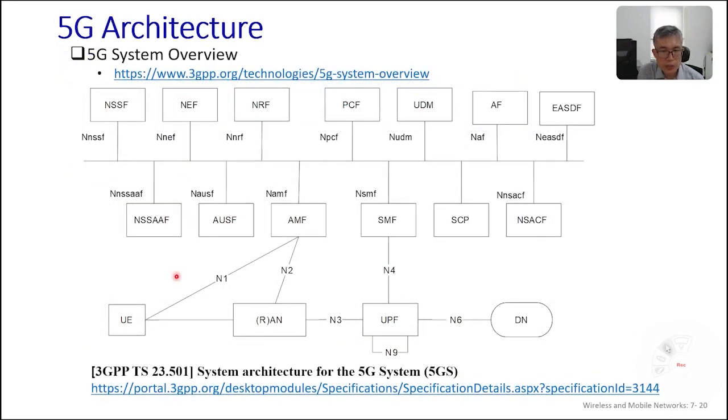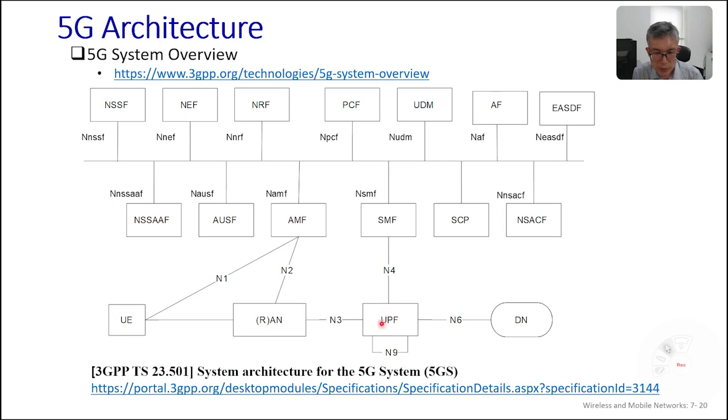So in the 5G architecture, this is the user equipment. This is the radio access network. The base station is called gNodeB. gNodeB is the new radio evolved base station. You can see the F means function. So in 5G, entities for the radio access network and core network elements are implemented by virtual functions or containers like Docker.